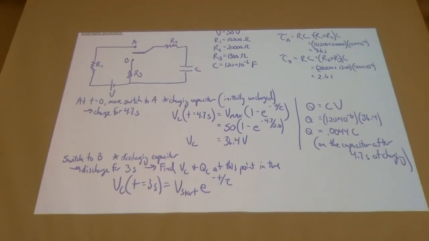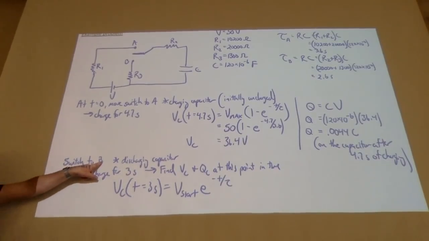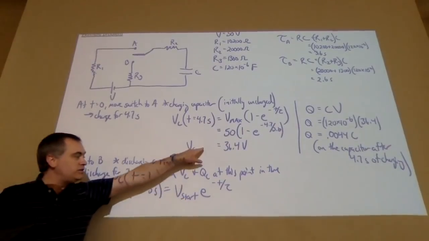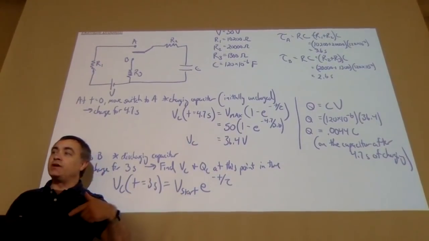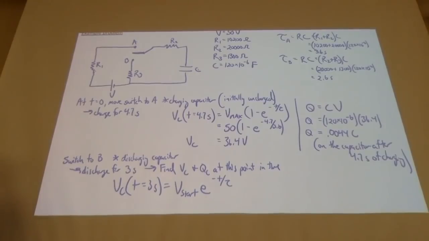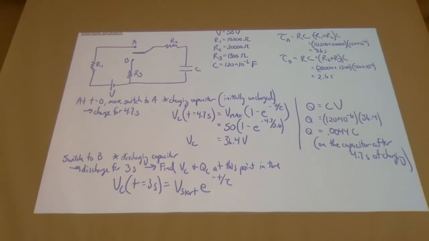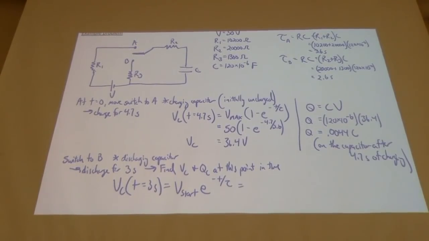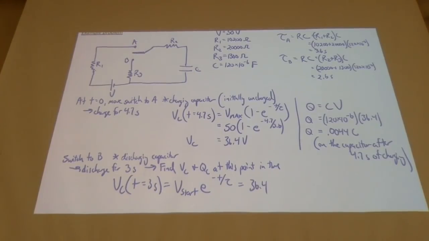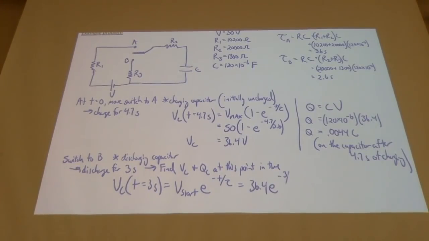Except now our time constant is when we've switched over to B, and our starting voltage is this, and we're not using 1 minus because this is a quantity that's falling off, it's not a quantity that's growing, okay? So if you plug your numbers in here, you're going to have 36.4 times e to the minus 3 over 2.6, which should give you 11.5 volts remaining on the capacitor after 3 seconds of discharging.